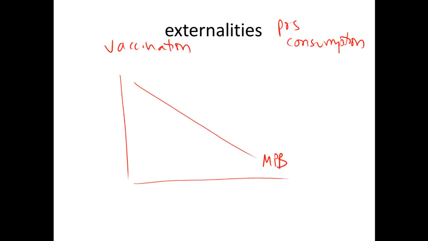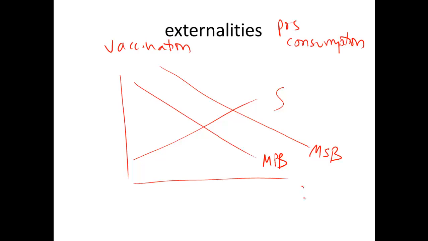There's the supply function. It's not clear if it's going to be an increasing cost good or not. But then what's important in this problem here is that there's this social benefit that exceeds the private benefit because there's an additional benefit to other people from my getting vaccinated. So let's add a new curve here, the marginal social benefit of vaccination.